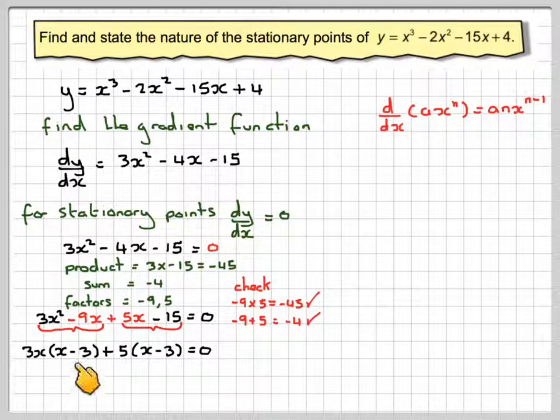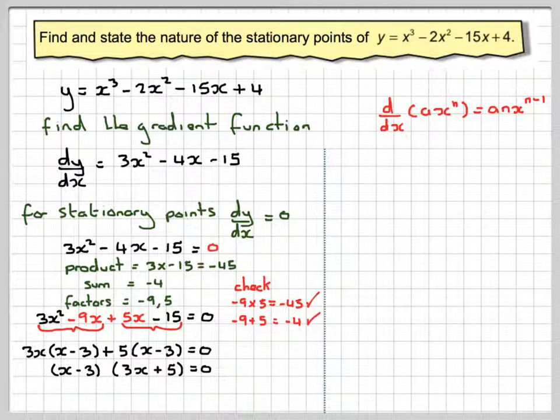Now you can see you have a common factor of x minus 3 in both things. You've done this, these two brackets will always be the same. So that can now come out, and you'll be left with 3x plus 5. So you've got x minus 3 times 3x plus 5. So either x is equal to 3, or x will be equal to minus 5 over 3.